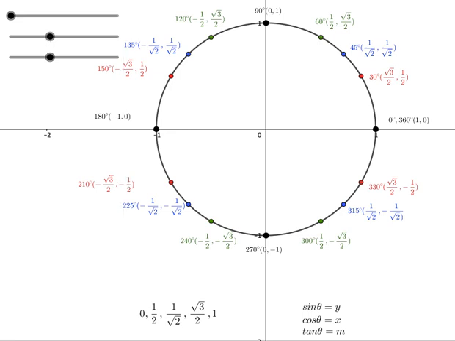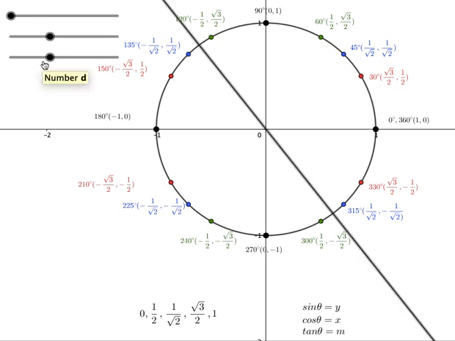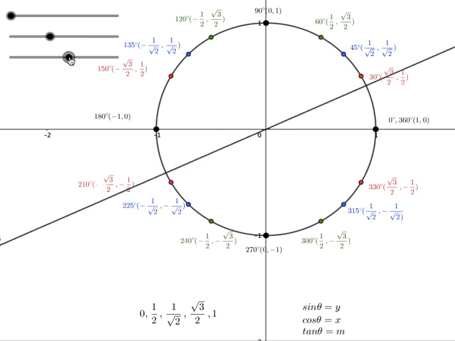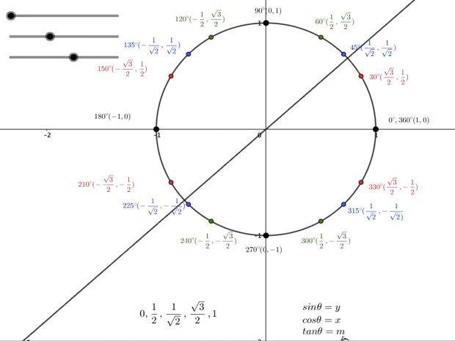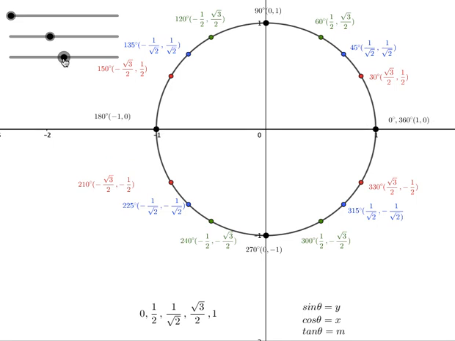Last but not least, I'm going to be looking at the tangent ratio. Now the tangent ratio is kind of a curious thing, isn't it? Really the tangent ratio is a measurement of the slope, because it is sine divided by cosine. So I'm just going to start off. This is where my slope is 0. These two angles, what's the slope of this line here? It's 0. So these two angles have a slope of 0, therefore they have a tangent of 0.